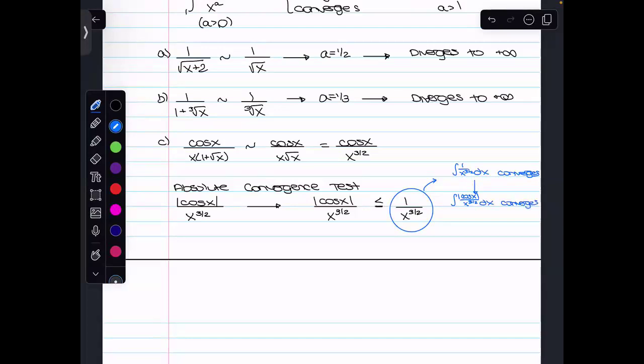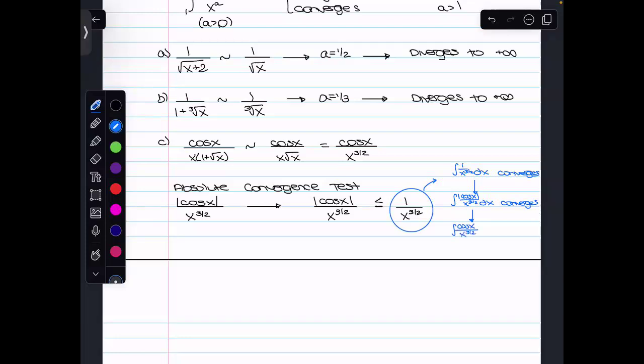So that's the comparison theorem, or comparison test, which is the same thing, also called comparison criteria. And then because with the absolute value it converges, according to the absolute convergence test, we can say that also without the absolute value, it converges too.